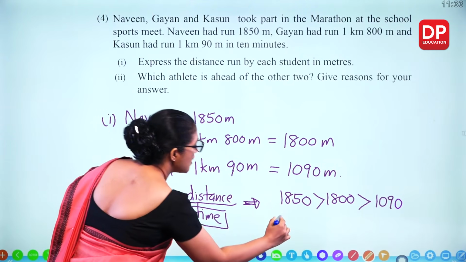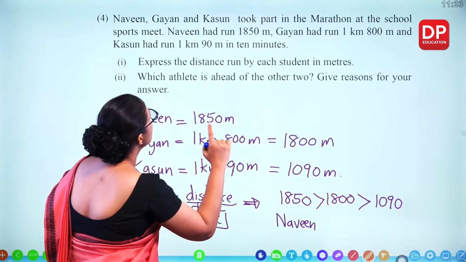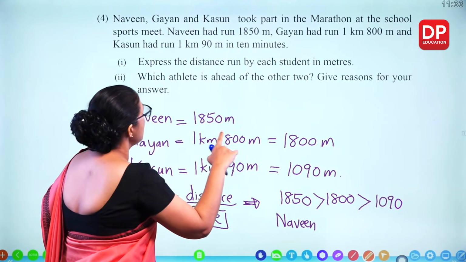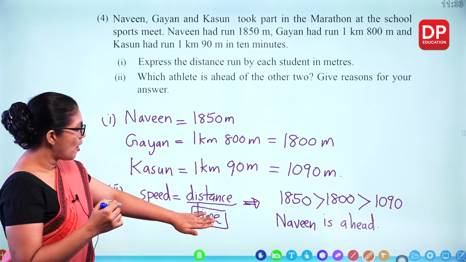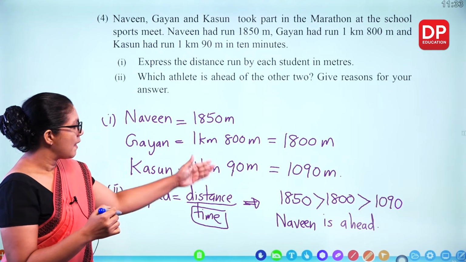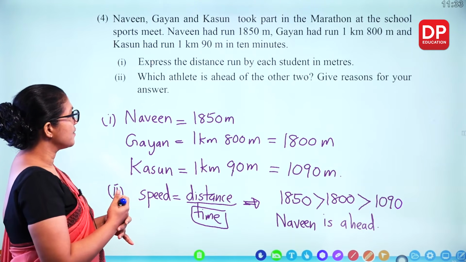So this is Naveen. Naveen is ahead of the other two. Give reasons for your answer. So you have to think about time is the same. So when speed is high means you run faster.